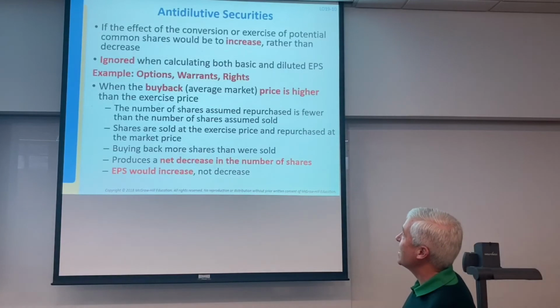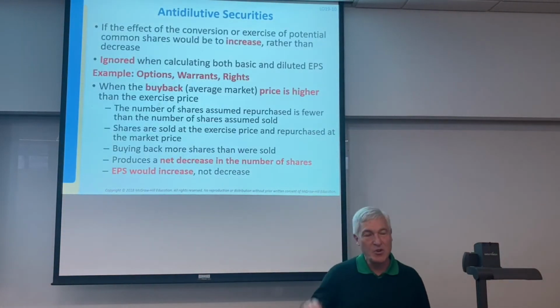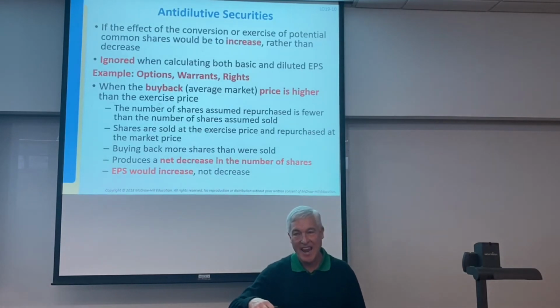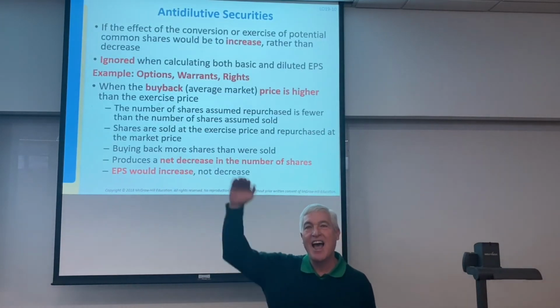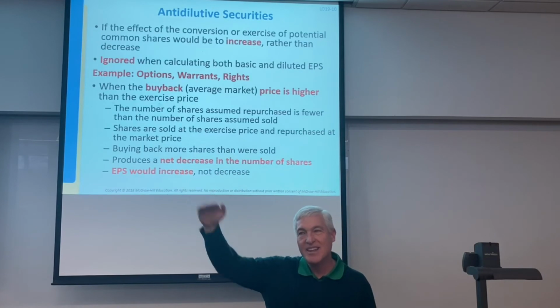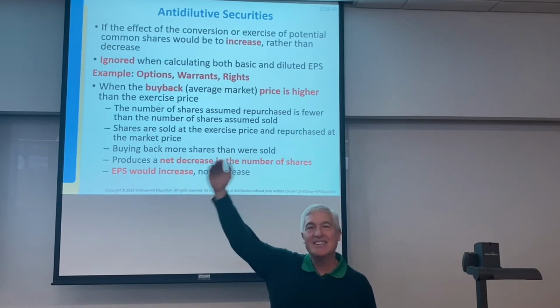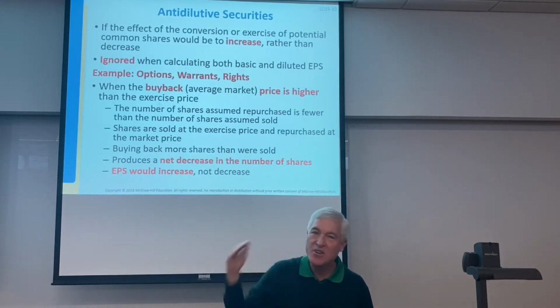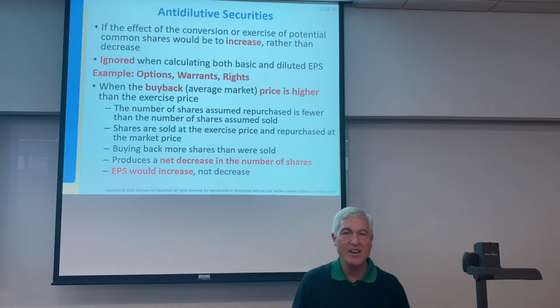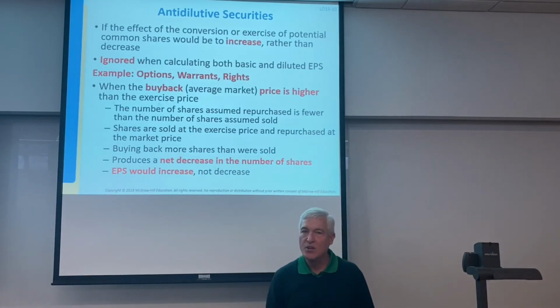All right, we're bringing it home, and now some things could be anti-dilutive. You do this math, and if the earnings per share is higher than basic, well, that would be anti-dilutive. So we do not account for those. We do not include them. We're only looking for diluted earnings per share.